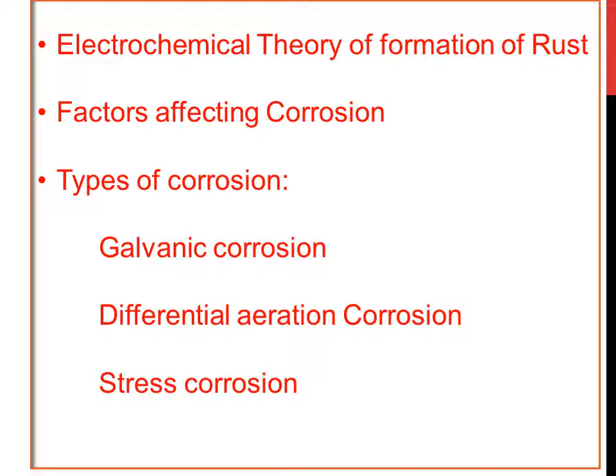It is mainly observed in water-stored metallic tanks or water-stored articles. Here the part below the water line is less aerated, so it acts as anode and readily undergoes the oxidation process, whereas the part above the water line acts as cathode because it has more supply of oxygen.